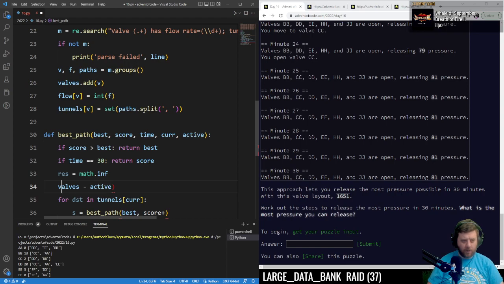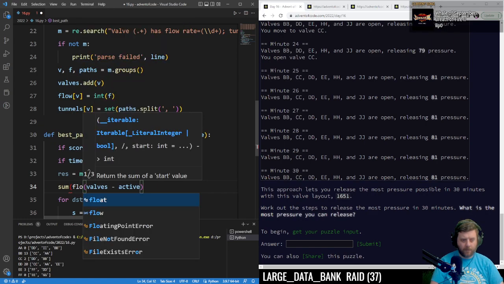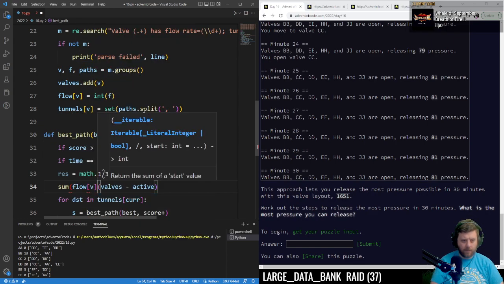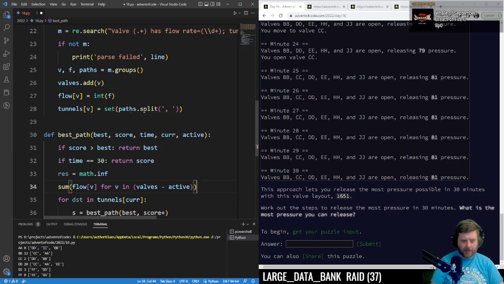So these are all of the valves that are still active, or still producing flow. And so I want to sum together flow of V for V in valves minus active. That is flow per second.